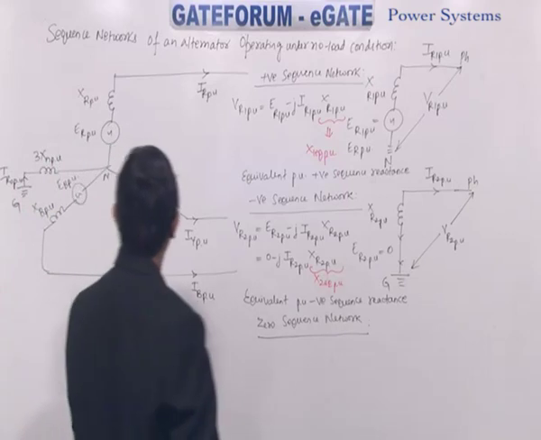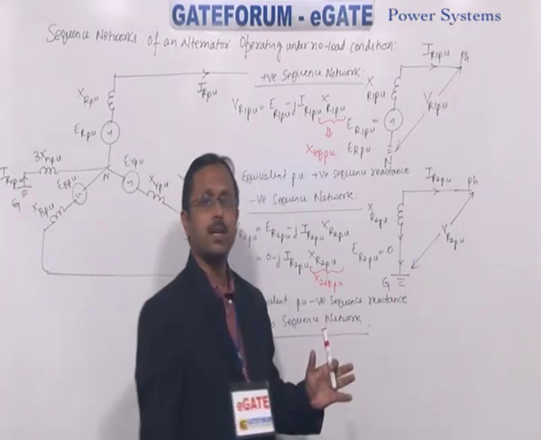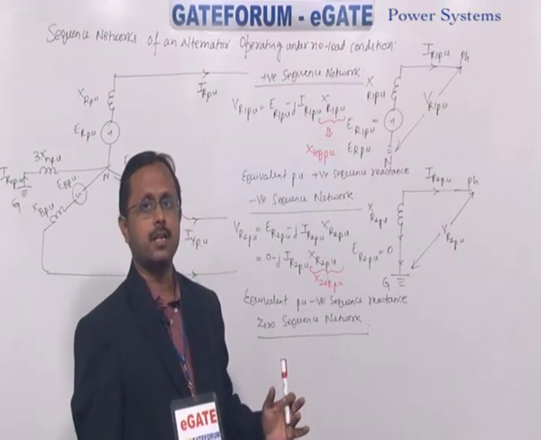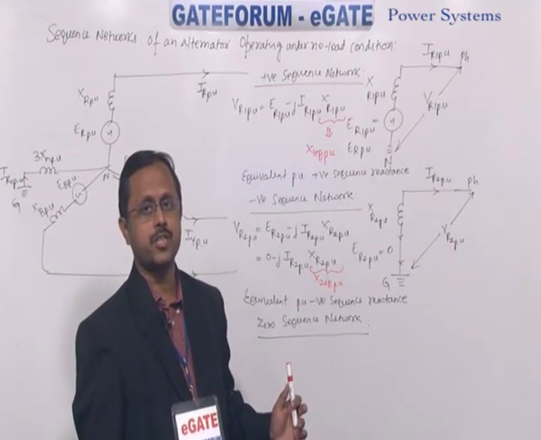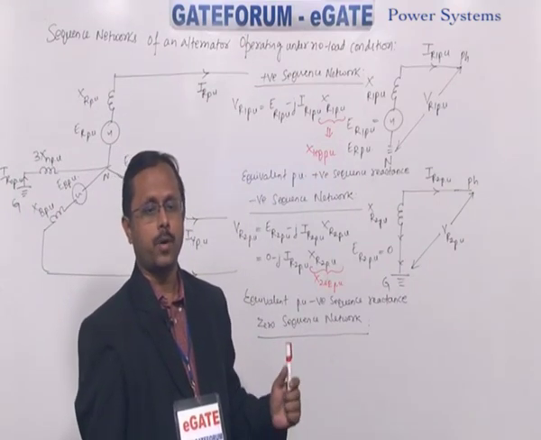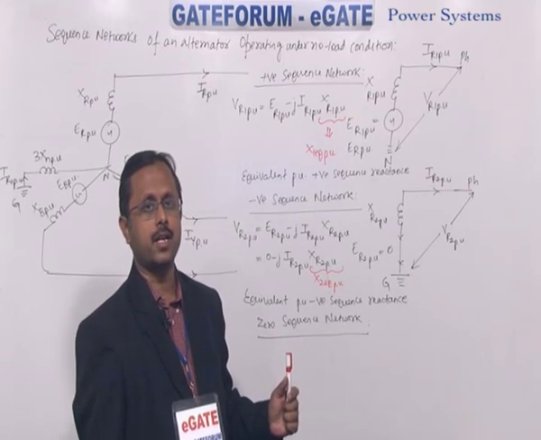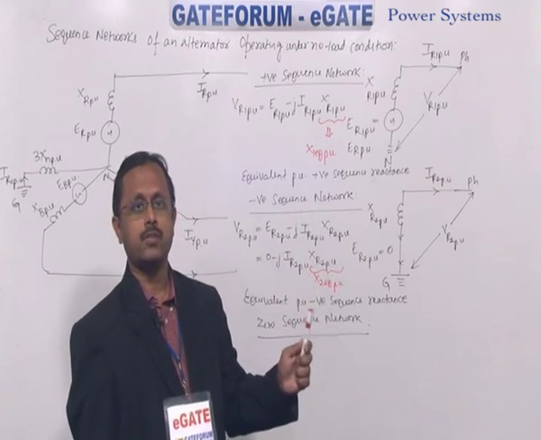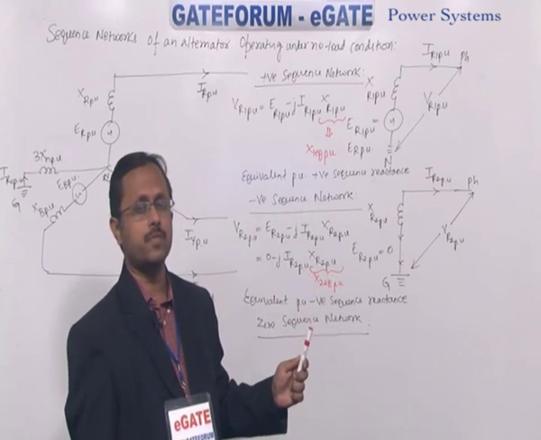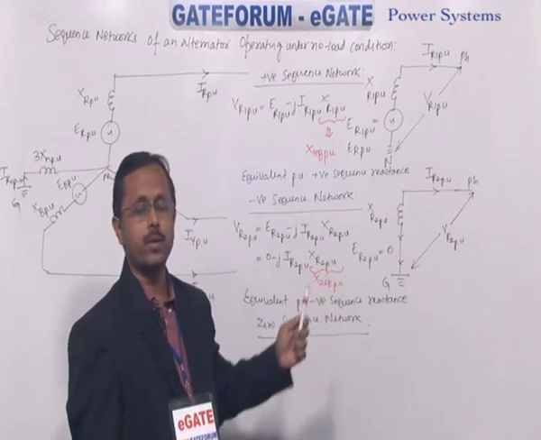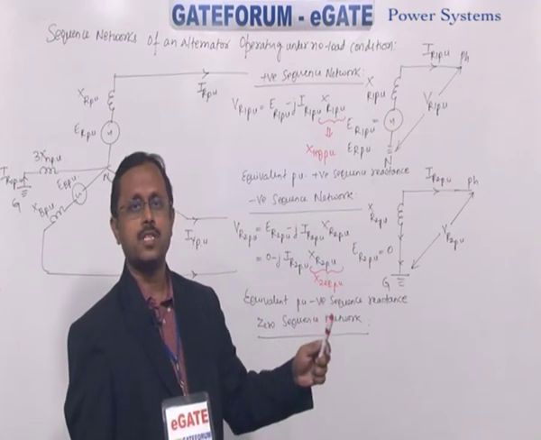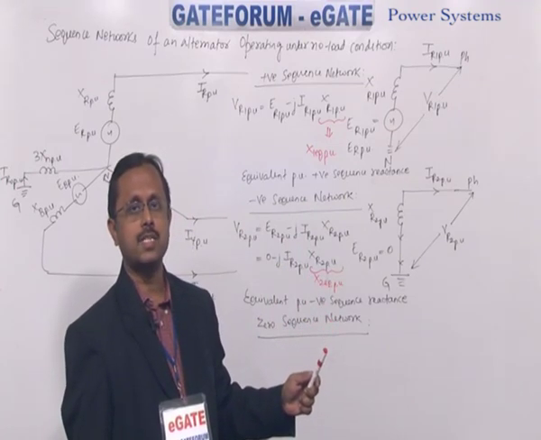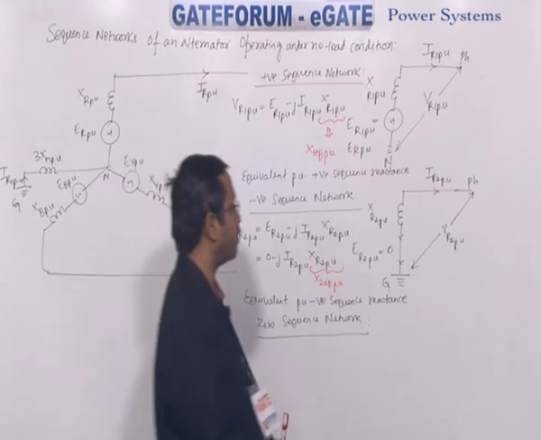And now you know that the zero sequence generated source is 0. The positive sequence generated EMF source is ER per unit. The negative sequence generated EMF source ER2 per unit is 0. The zero sequence generated source ER naught is also 0.